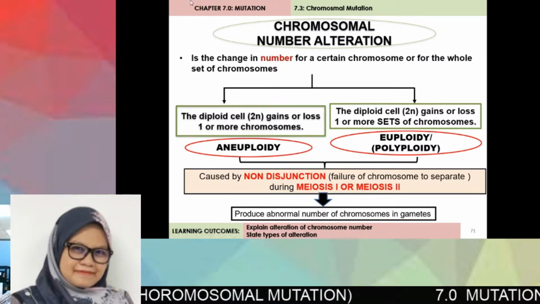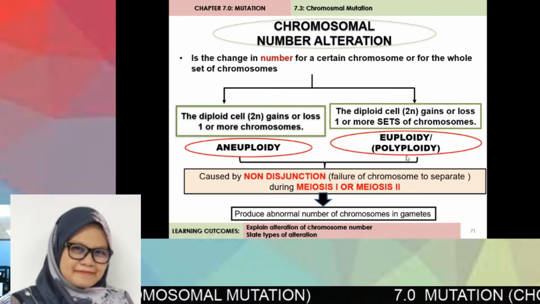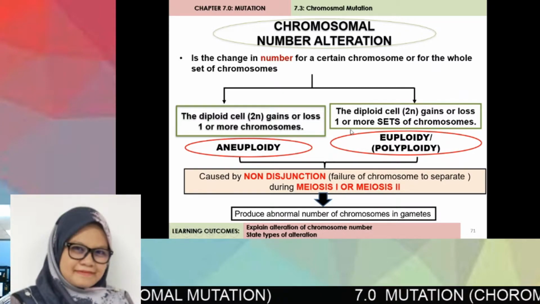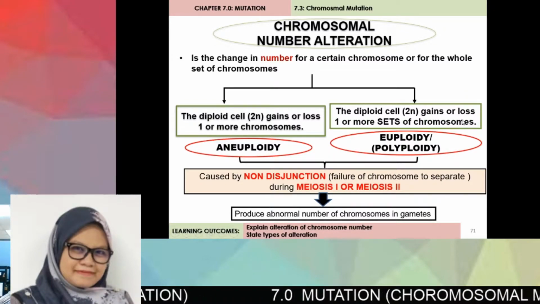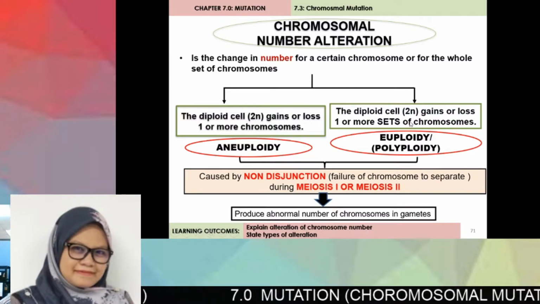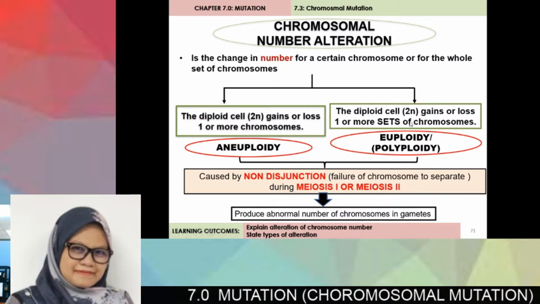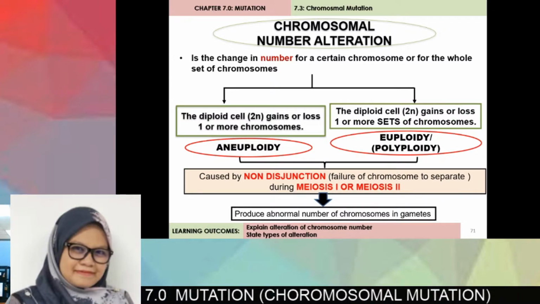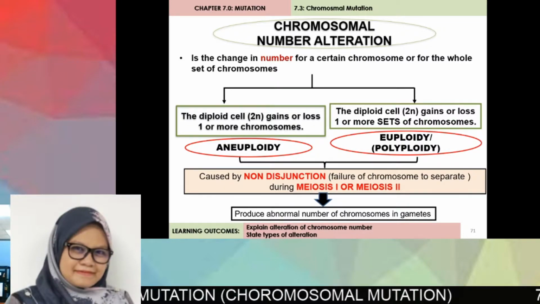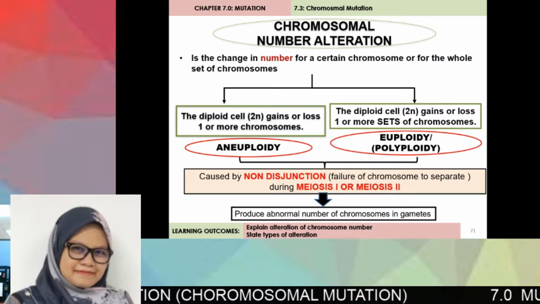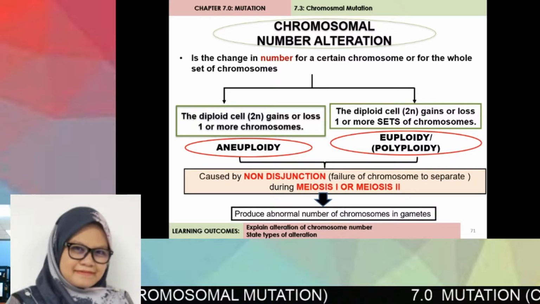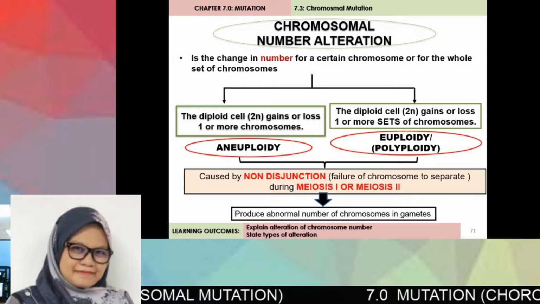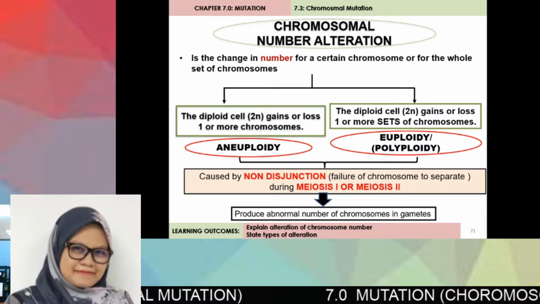Okay, seterusnya, euploidy atau juga dipanggil sebagai polyploidy is the diploid cell gains or loses one or more sets of chromosomes. So bila kita kata set, as we know, for human, in the diploid set, maksudnya kita akan ada dua set kromosom.